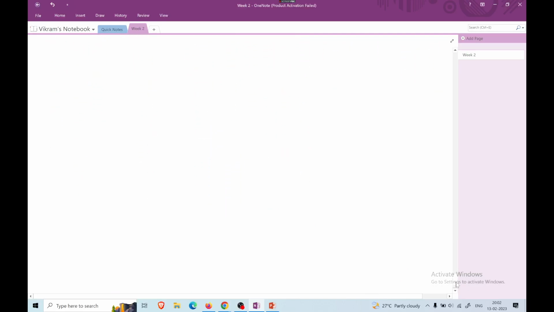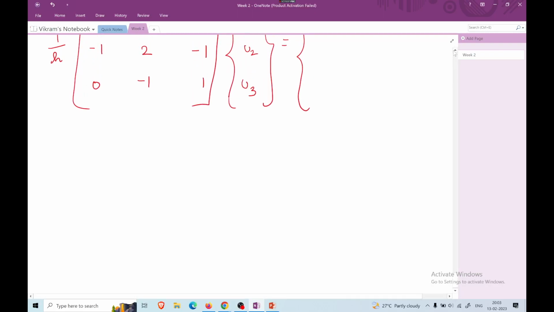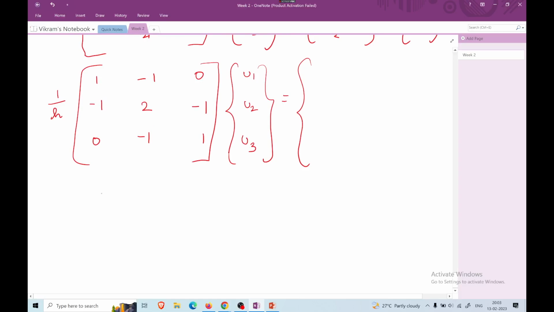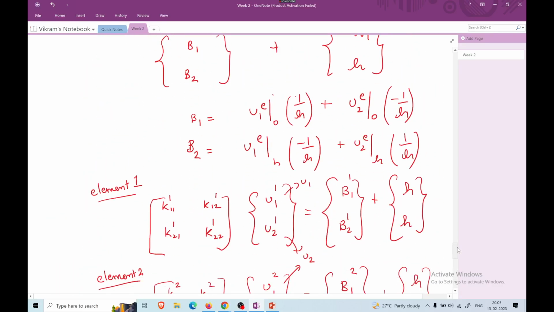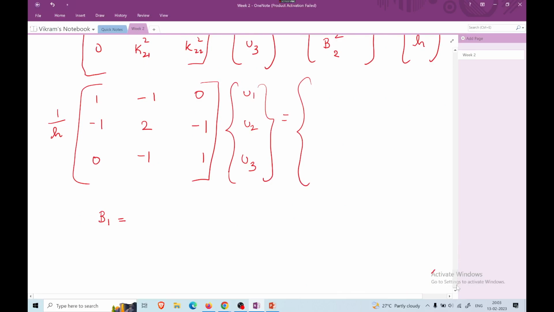Here I'm going to write again B1 and B2, because the boundary term will be very confusing. So u1 plus u2 at 0.